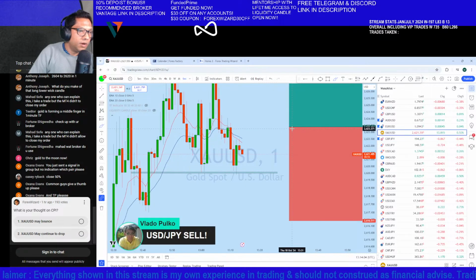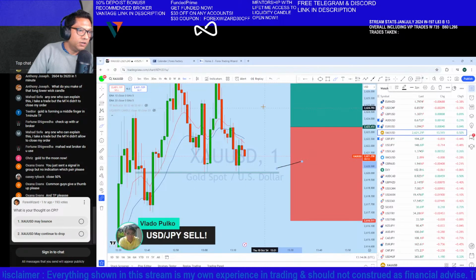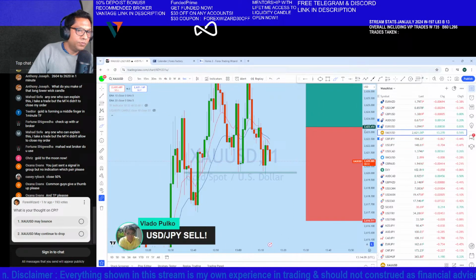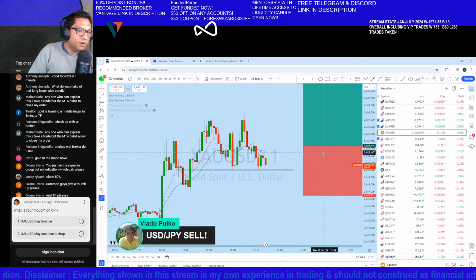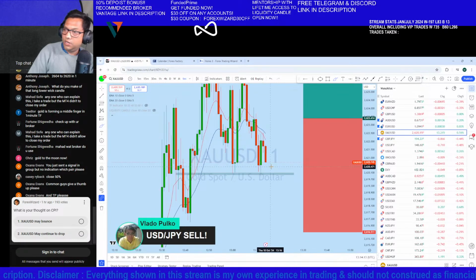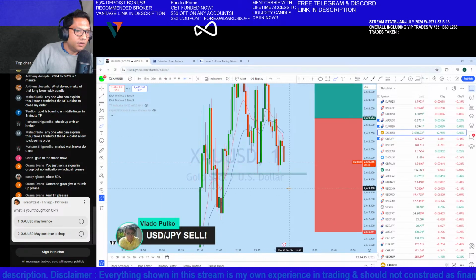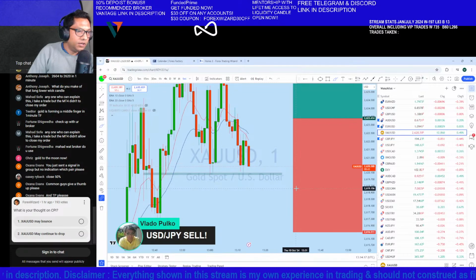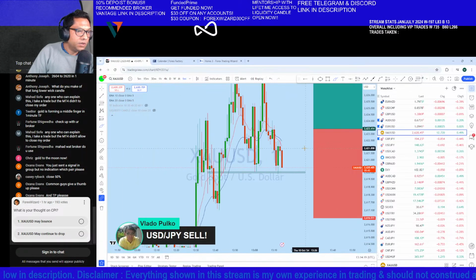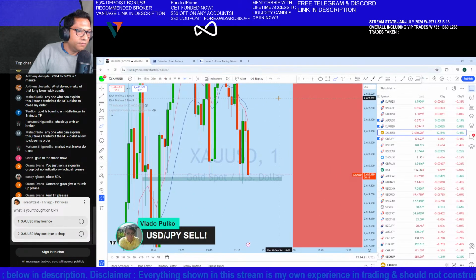There is a narrow red candle, which is basically a sign of potential downside momentum, or we can expect a reaction again, depending on how the market is doing.